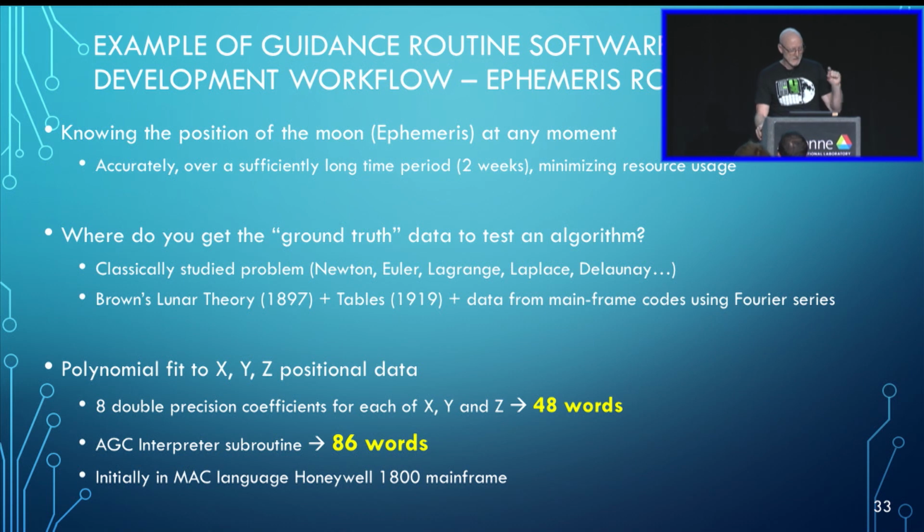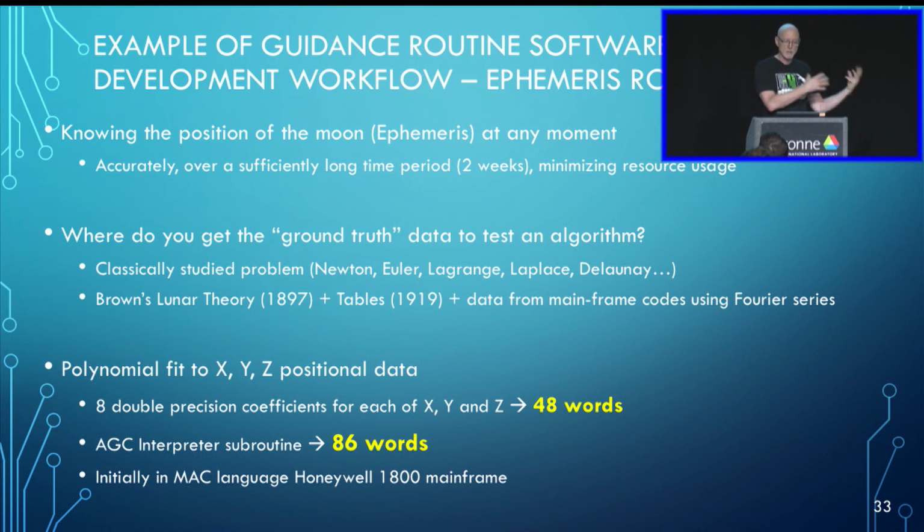Ultimately, what they did is they polynomial fit the XYZ positional data with 8 double precision coefficients for each of the XYZ values. So that's 48 words of fixed memory just for the coefficients of the polynomials. And then the actual subroutine that you would call to execute those polynomials and return the result took another 86 words of fixed memory.